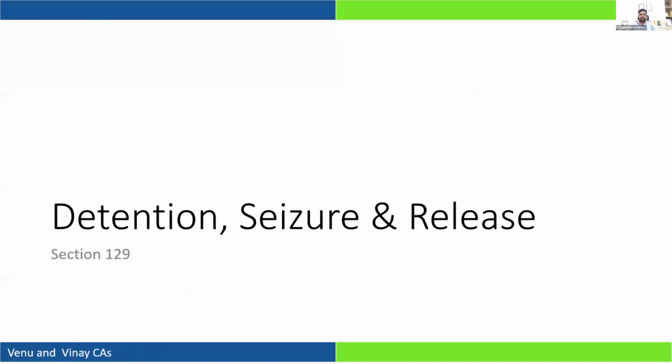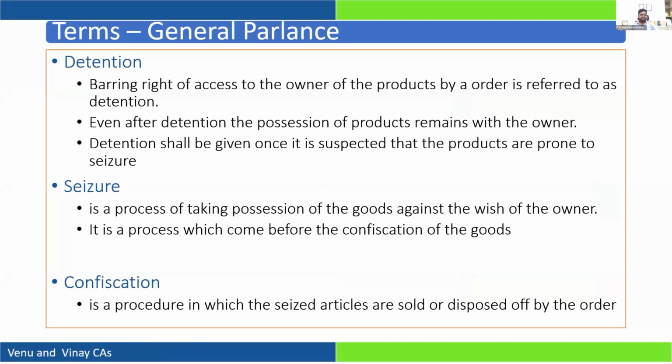So specific penalty. Before going into the penalties, we'll see what is meant by detention, seizure, and confiscation. There is no definition in the Act, but in general trade parlance, we'll see what is meant by each. First, detention. Detention means barring the right of access of the owner to the products by order.